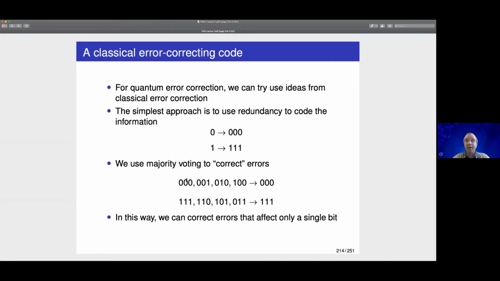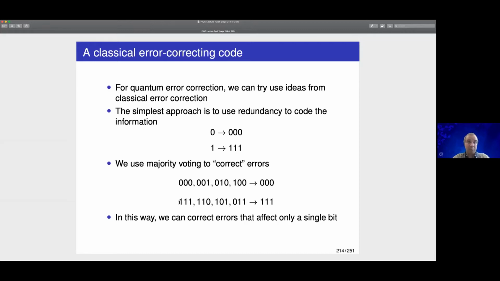For instance, if I'm sending these 3 bits from Alice to Bob, and Bob receives either of these strings here, then he corrects the information back to 0, 0, 0. Okay, assuming that at most one bit has been modified, 1 bit has flipped.